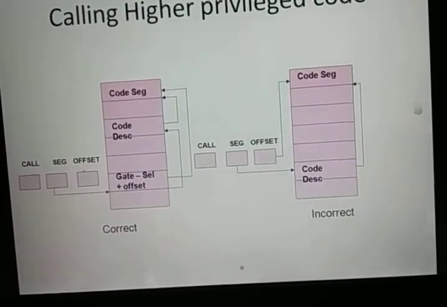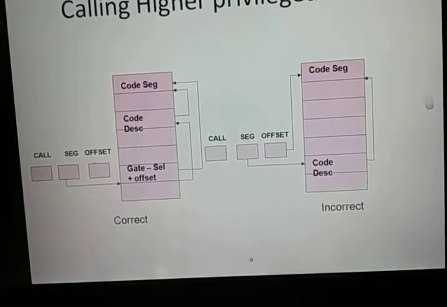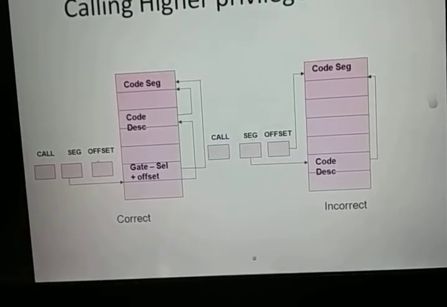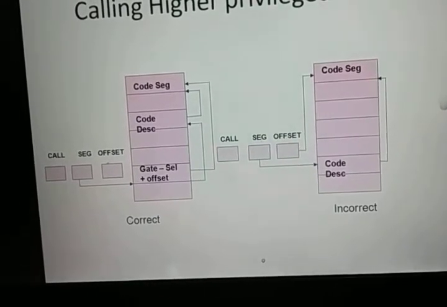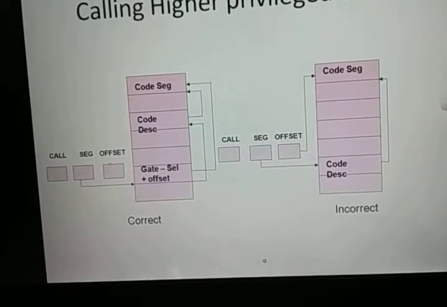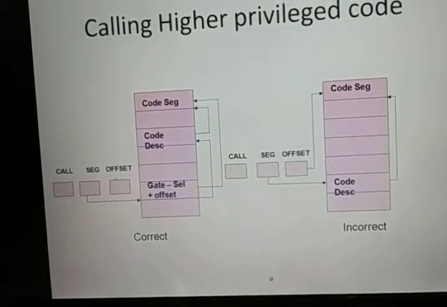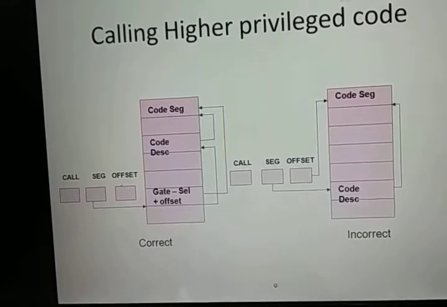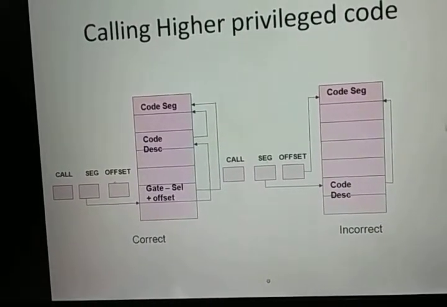The first diagram is the correct diagram, the second diagram is incorrect because it points directly to the target code segment. This is incorrect because if your privilege level is lower and you are accessing higher privilege level data, you cannot access it directly. We use a call gate procedure, and the call gate procedure changes your privilege level.